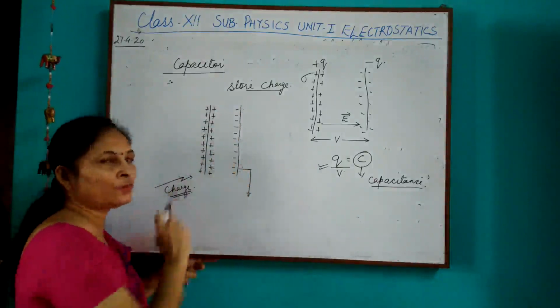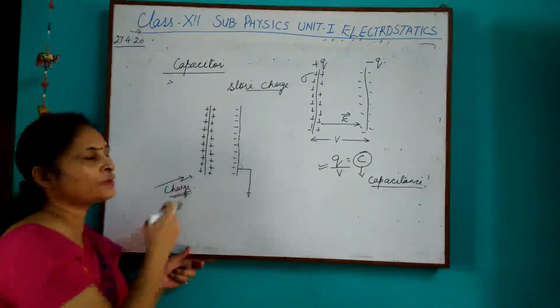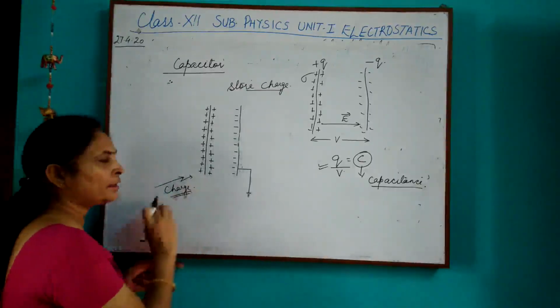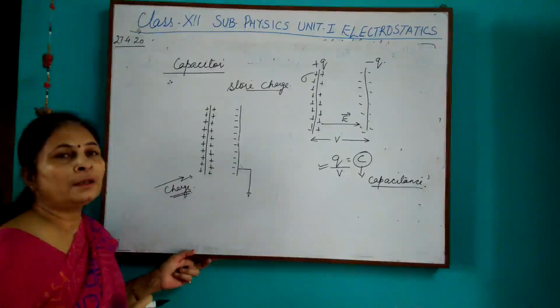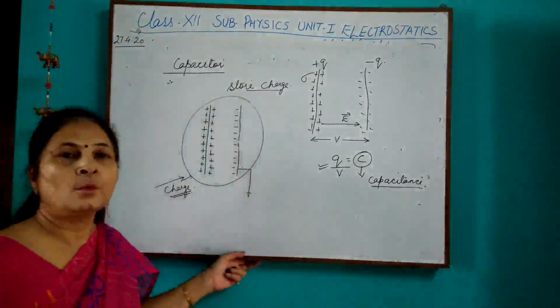Now there are only electrons, so a little bit more capacity for storing the charge will be there, and therefore now a little bit more charge can be given, and in this way a capacitor works.